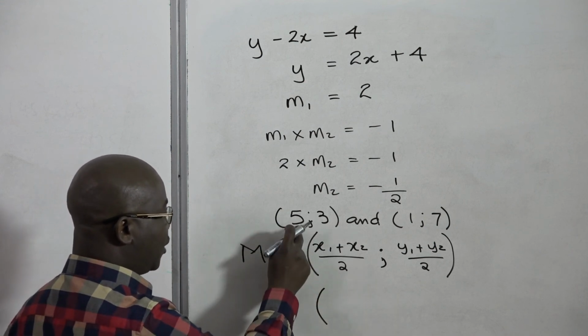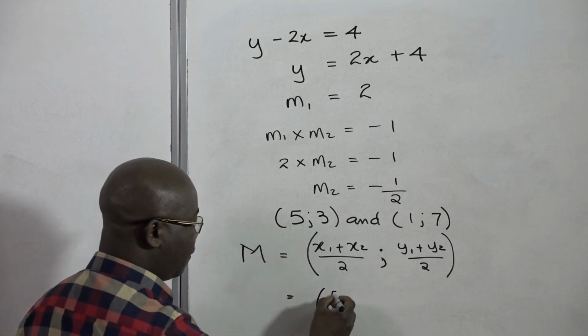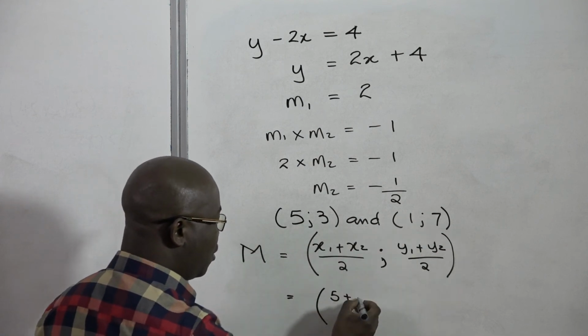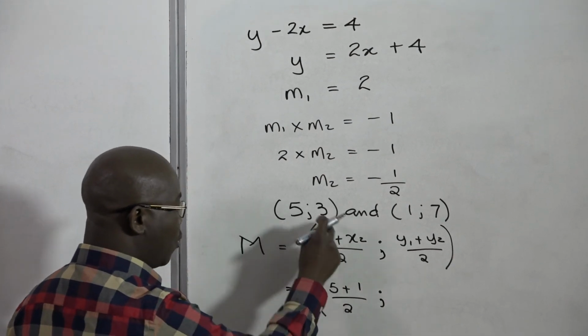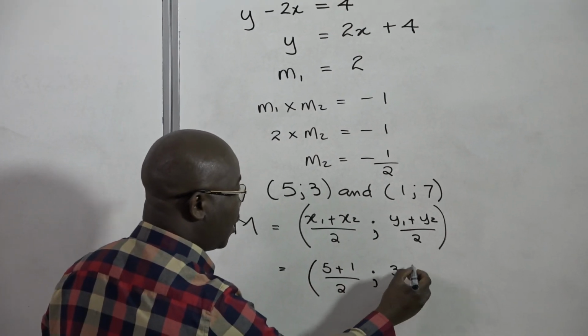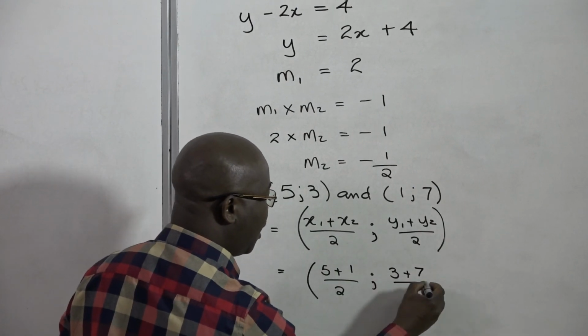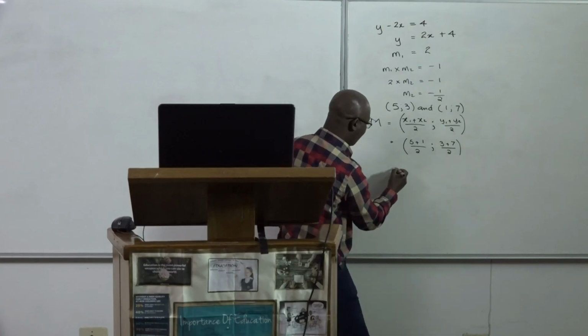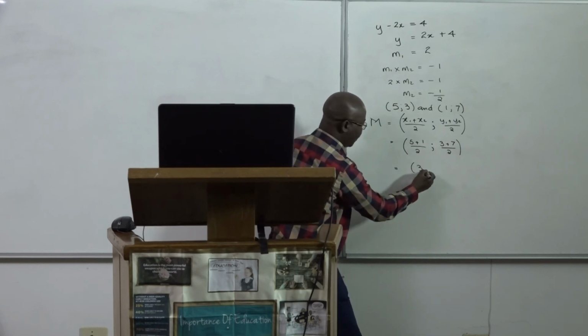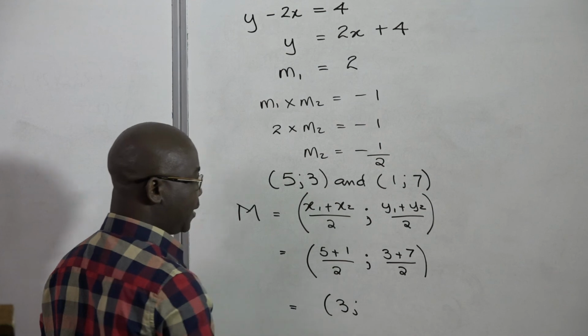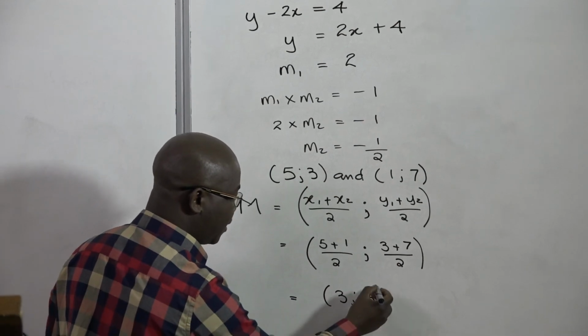It becomes (x1, which is 5, plus x2, which is 1, over 2; y1, which is 3, plus y2, which is 7, again over 2). You can see that 5 plus 1 is 6 divided by 2, it gives us 3. 3 plus 7 is 10 divided by 2, it is 5.